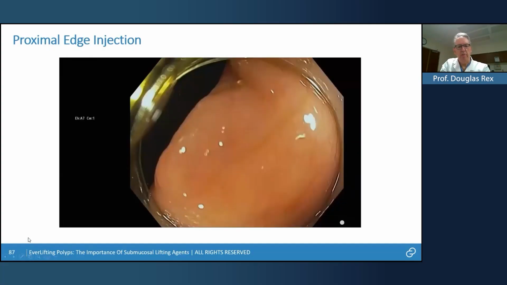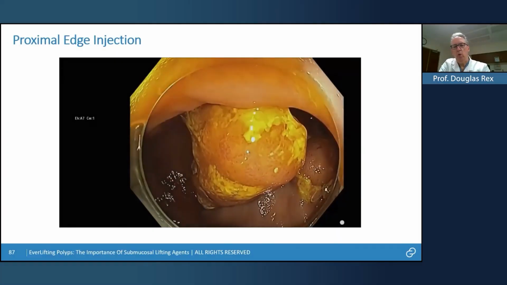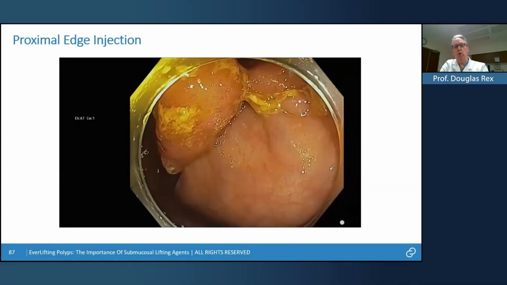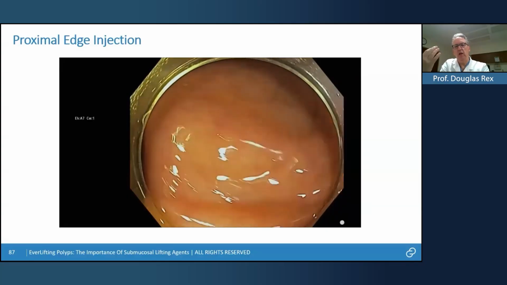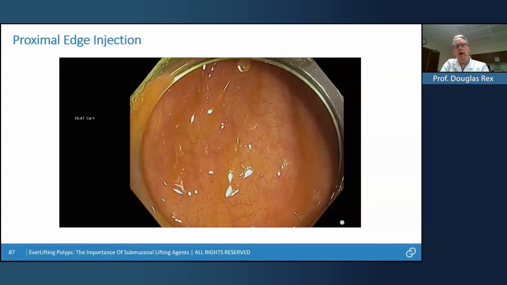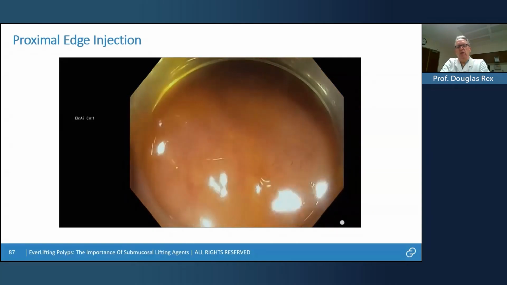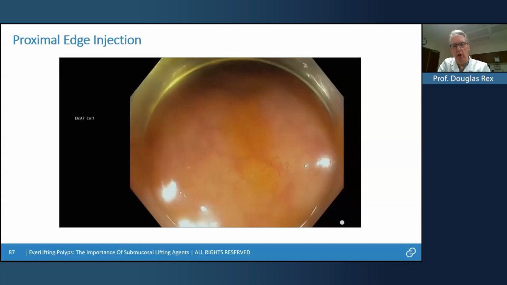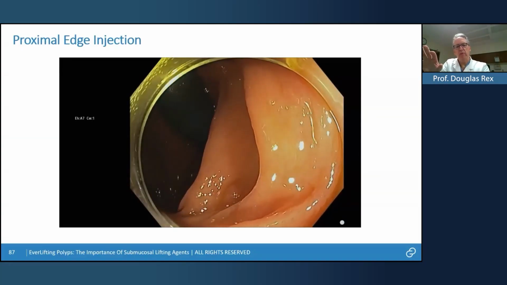This is an example of going into retroflexion to do it. I think this is a maneuver that we all should be able to do. Very helpful for lesions that are on the medial wall of the ascending colon near the hepatic flexure. And in this lesion, we're going into retroflexion below it, and then are going to make the injection again on that proximal edge.